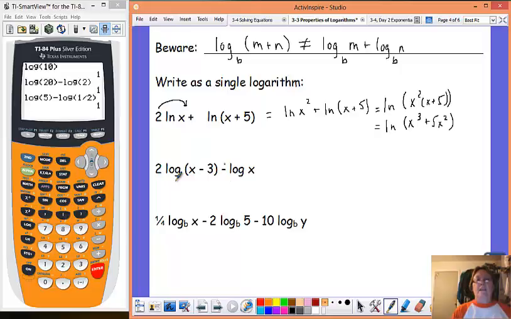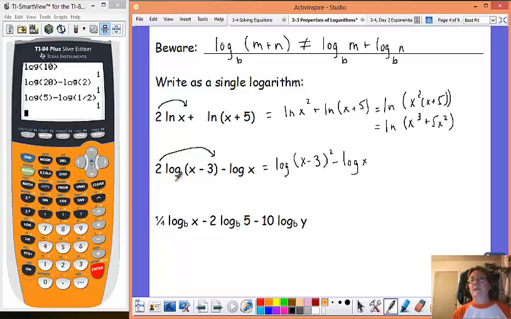Moving on. Here we have something that's broken out as a subtraction. So when we finish with this, we should have a division. We can do the same thing that we did in the previous problem, that is the reverse of the power rule here, and say that this is log of the quantity x minus 3 squared minus the log of x.